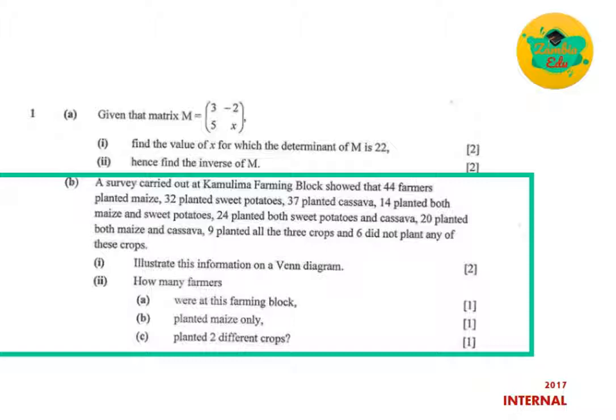A survey carried out at Kamulima farming block showed that 44 farmers planted maize, 32 planted sweet potatoes, 37 planted cassava, 14 planted both maize and sweet potato, 24 planted both sweet potatoes and cassava, 20 planted both maize and cassava, 9 planted all the 3 crops, and 6 did not plant any of these crops.